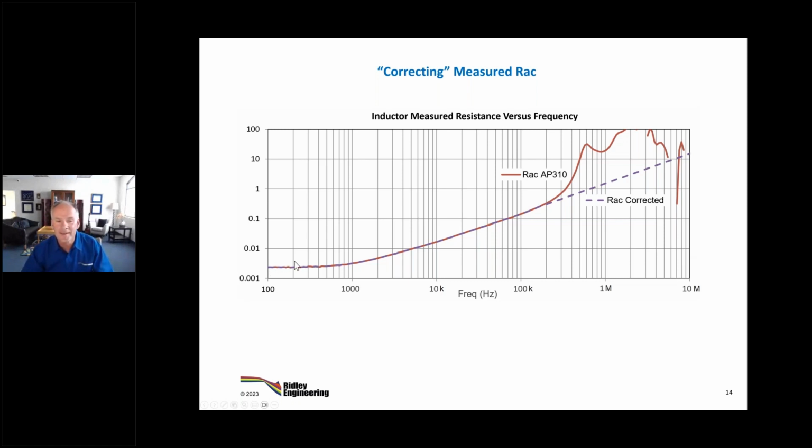So here, this curve starts flat around 2 milliohms, and then it climbs with a slope. And then at some point, as you start approaching resonances in the circuit, it starts climbing much steeper. I've seen this on so many different instruments in the past, ones that are set up as bridges and so on, that there gets a point where you don't believe the measurements anymore. These are just resonances and noise.